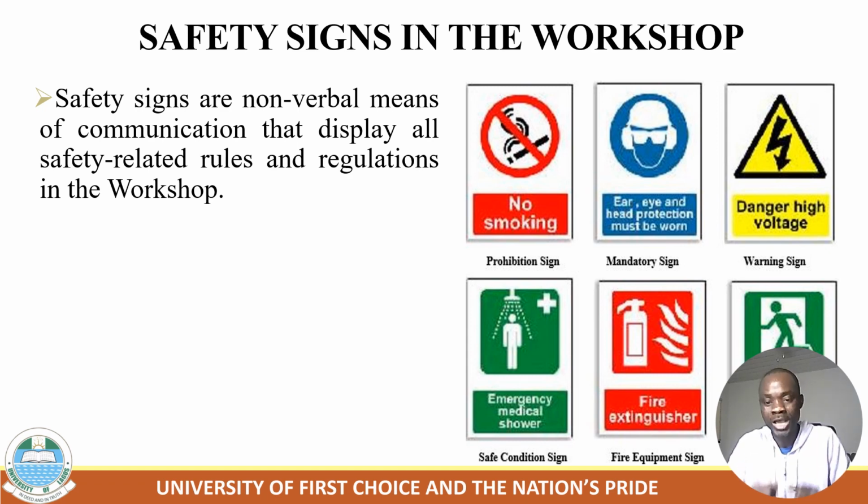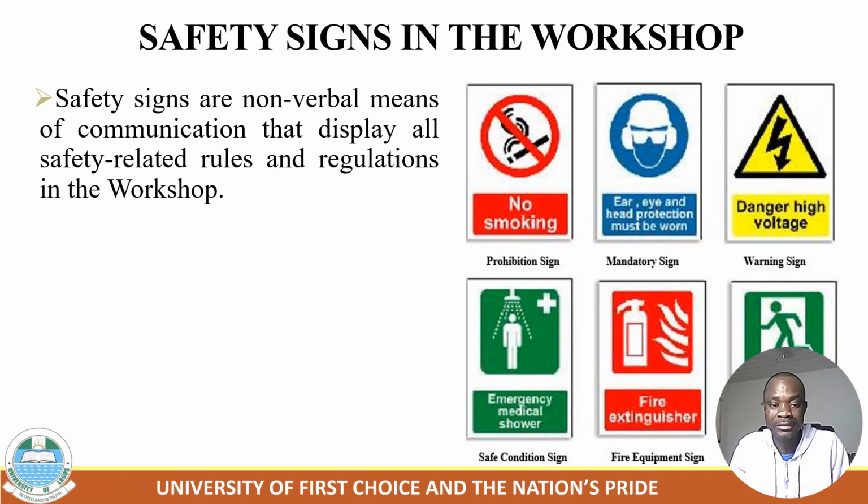The evacuation sign is usually hung in the direction where people will move out in case there's an emergency. If you go to a bank, or any production company, it's usually hung to tell you, in case of emergency, run away through this direction. That's the emergency evacuation sign. All these, among others, are referred to as safety signs.